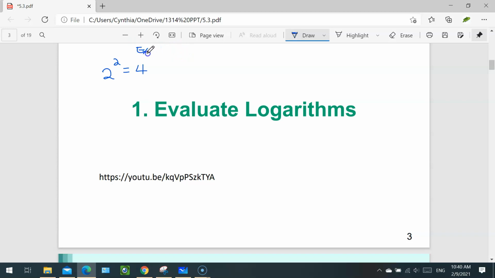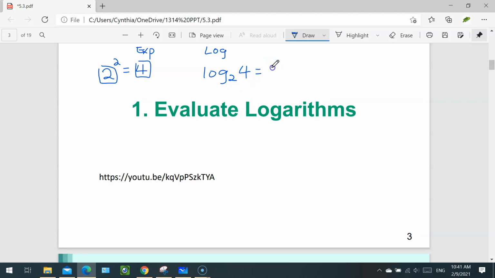When I rewrite this form into the logarithm form, you write down the log. Now the base 2 goes underneath the log. The result is 4. You put the result a little bit higher than the base.